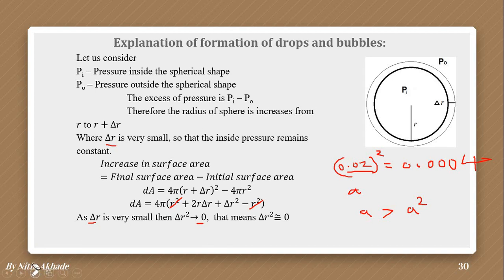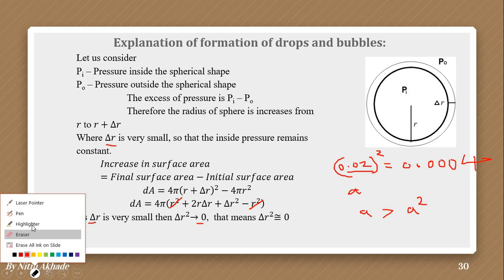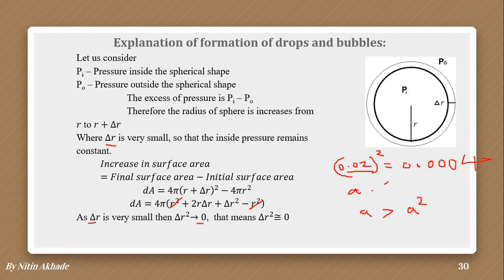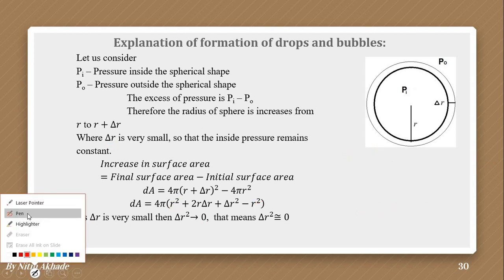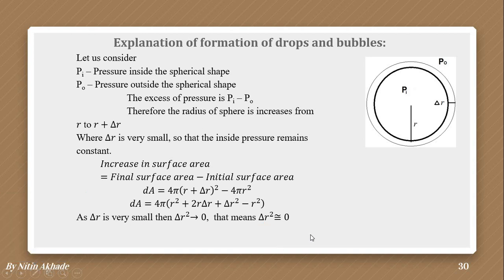This case is possible when a is less than 1. So as we have considered that delta r is a very small value, delta r square tends to 0. So that means delta r square is approximately equal to 0.